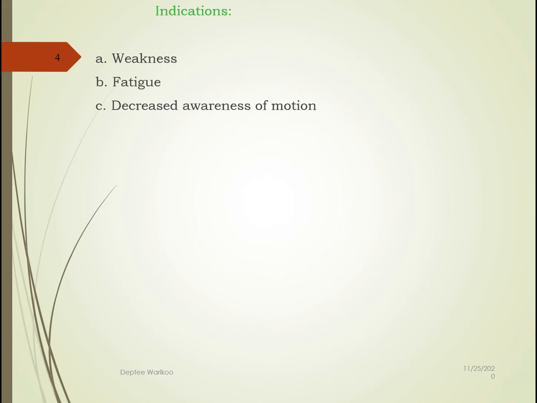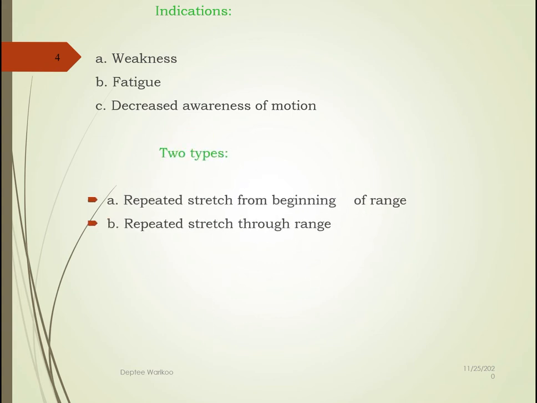It is mainly used in cases of weakness, fatigue, or if there is decreased awareness about the motion. There are two basic types in repeated contraction. First is the repeated stretch, which starts from the beginning of the range on which you are acting. Second is the repeated stretch, which is maintained throughout the range.